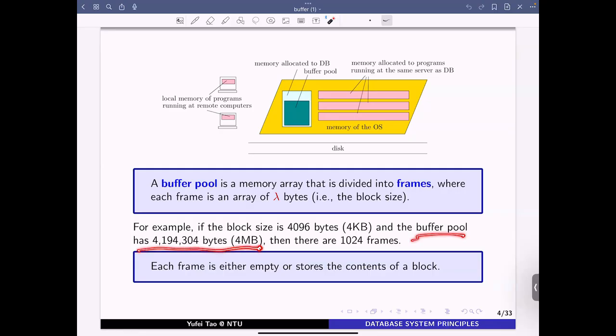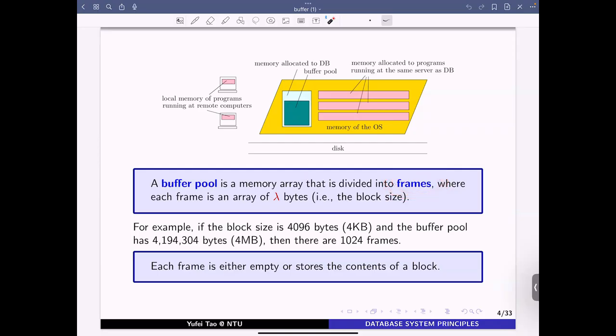This is just really a toy example. The size of a buffer pool in practice is much, much larger than that. But it's just a huge array with a certain size. Okay, so this array is divided into what we call frames.